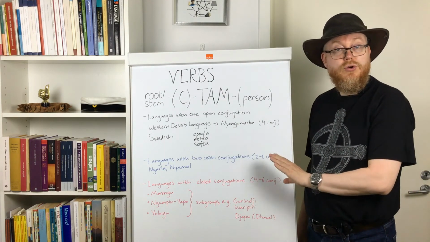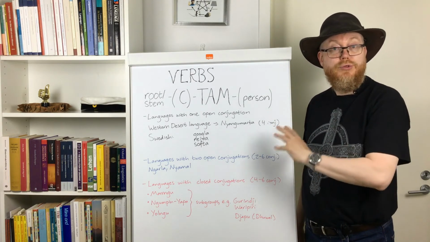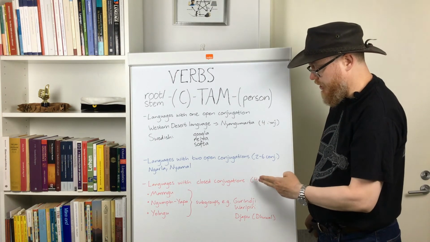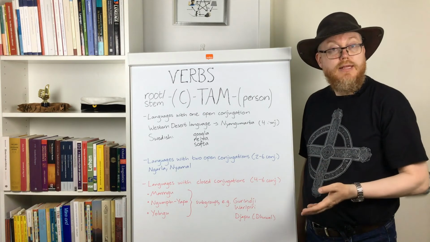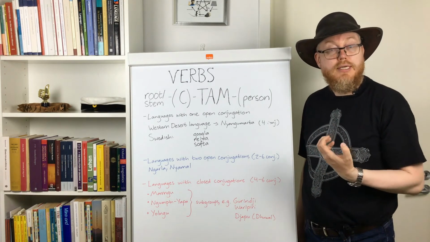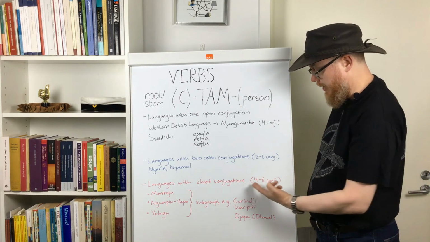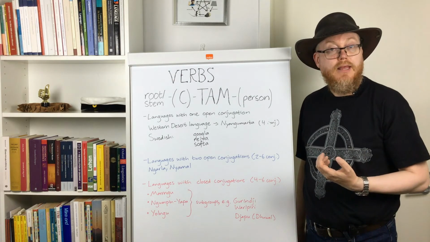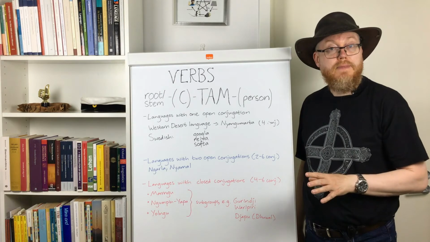Close to the Pama-Nyungan, non-Pama-Nyungan boundary in northern and northwestern Australia, we also find languages that only have closed conjugations, so no new verbs come in. And these languages have between 4 and 6 conjugations. So how does that work, that no new verbs come in?